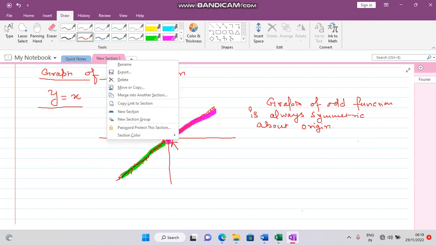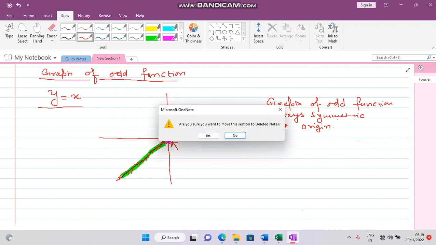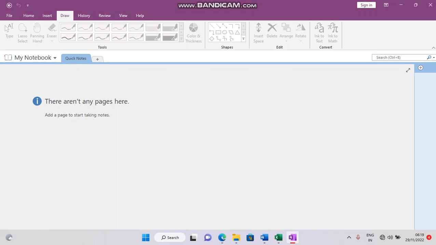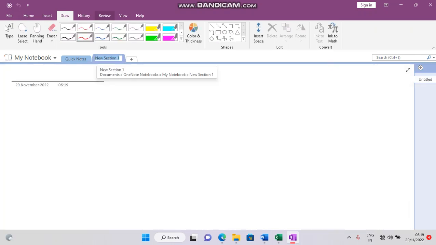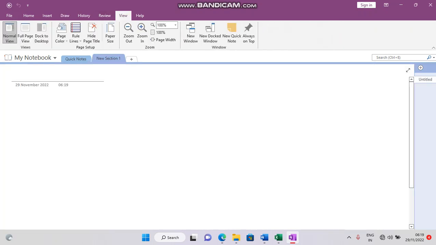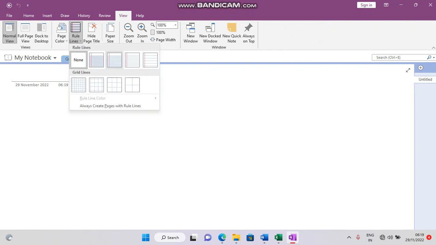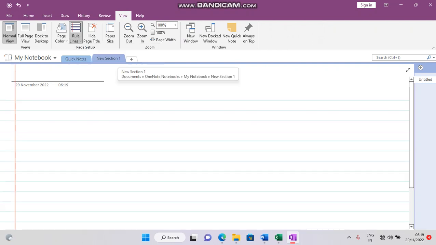Now next we learn about graphing an even function. And what is an even function? So both the things we now learn. So next is the definition of an even function.